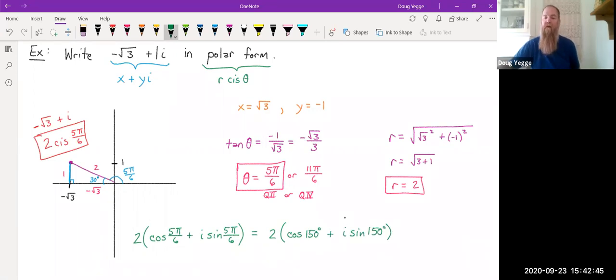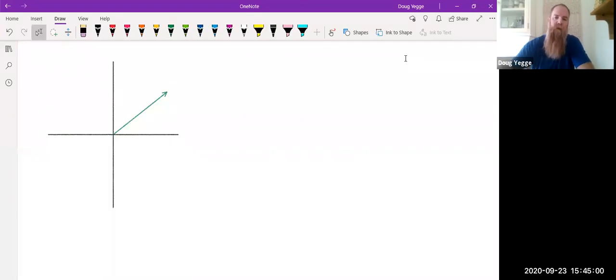So this is just another form of being able to write a plus bi, or x plus yi. We could write them in either form, either rectangular form or trigonometric or polar form. Now it turns out that in order to apply operations with these complex numbers, it's going to be really simple for us to do so if it is in polar form.